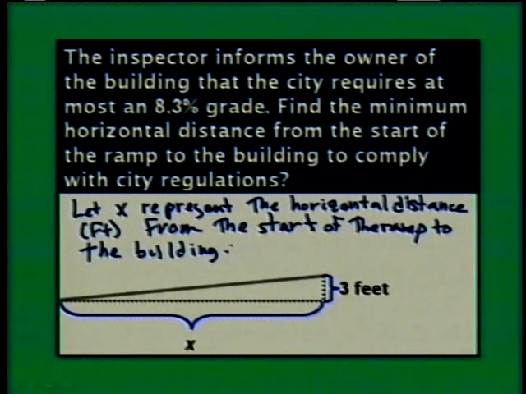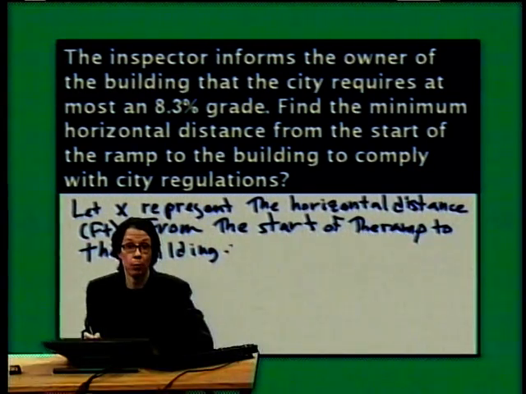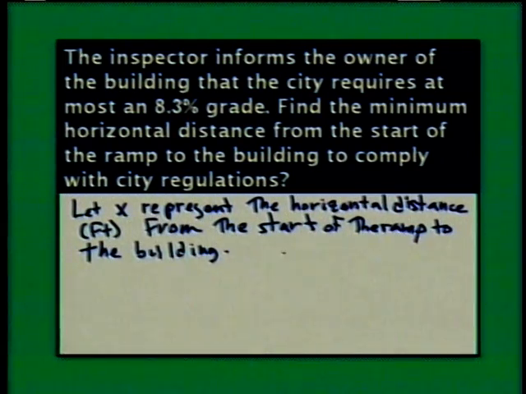Now I definitely need some more room here to solve the problem, so let me get rid of my figure. So I know that the slope should be at most 8.3%. So let me figure out what distance is going to give me a slope of exactly, or a grade of exactly 8.3%. So the rise to the run needs to be equal to 8.3 out of 100.